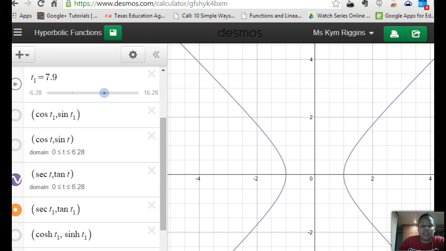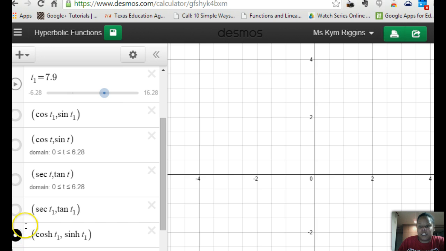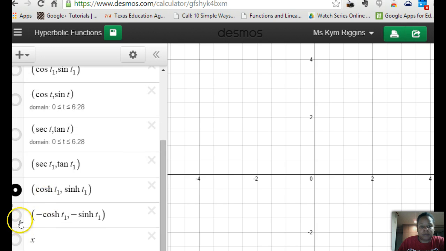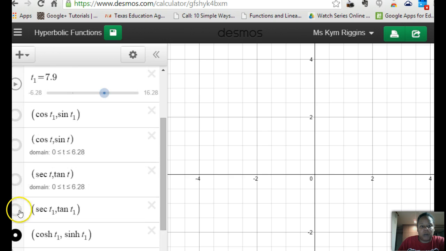But there is another way that I can define this hyperbola parametrically, and it doesn't involve secant and tangent, but what it does involve is cosh and sinh, okay? So if I define cosh and sinh, and then I go over here, as you can see, it looks like it's making a branch of a hyperbola.